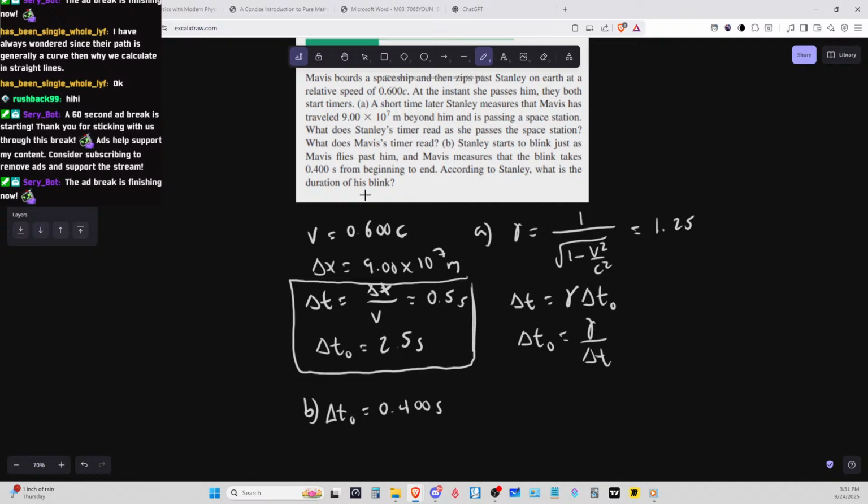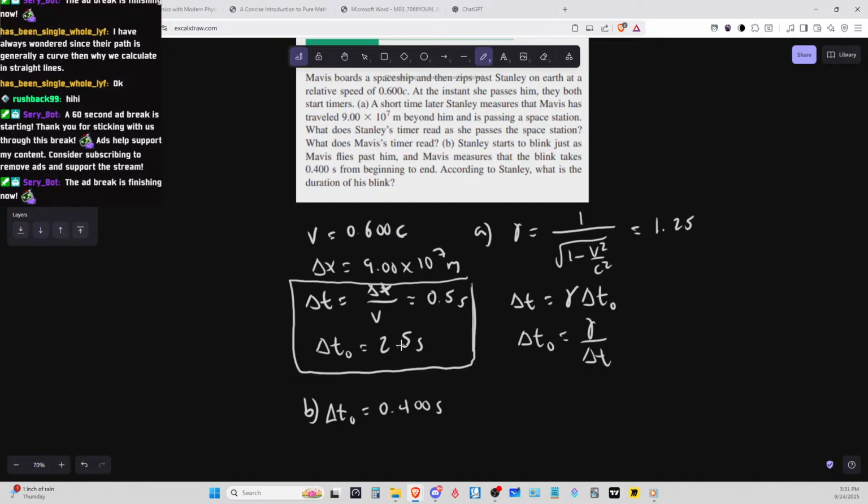So technically there's like a 2-second delay between the two, because from Mavis's perspective, she is practically 2 seconds faster than Stanley. So Stanley measured a half a second, and she measured 2.5 seconds from her perspective.